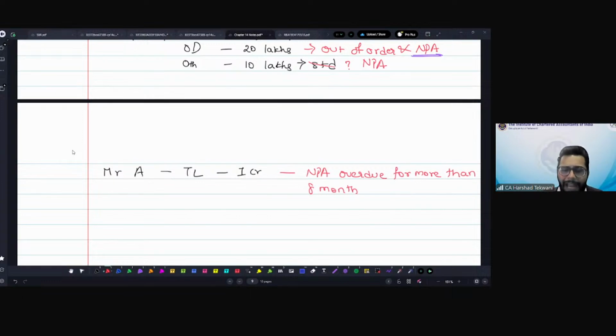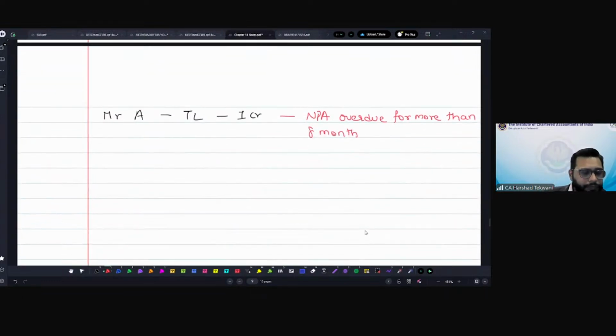So by default it's an NPA and a substandard asset. One more thing over here is that the outstanding principal and interest was, let's say, 5 lakhs, that was overdue.